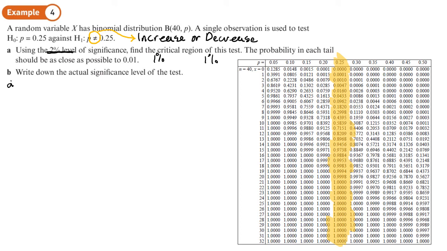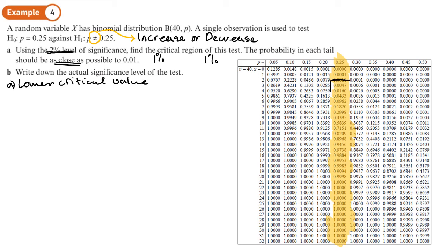So let's start by looking for the lower critical value. What value of x do I see the probability, now this time not below 1% but as close as possible to 1%.